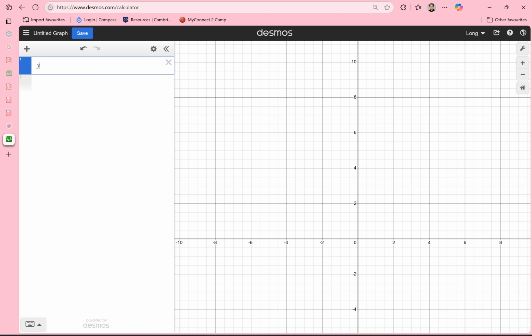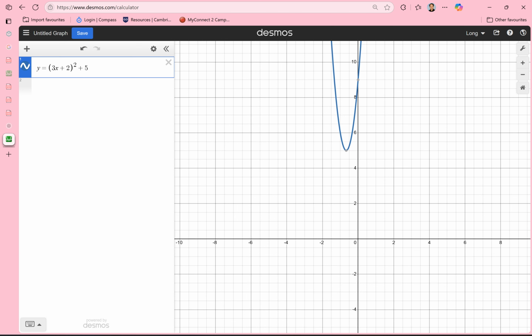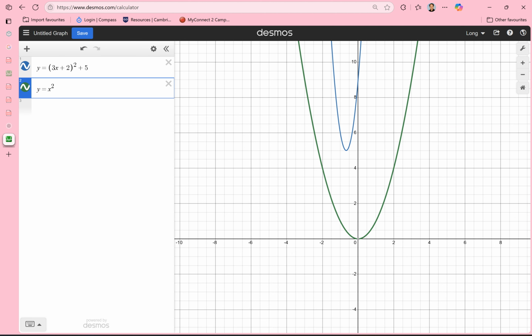I gave you the original equation was 3x plus 2 squared plus 5, right? Usually it's the other way around. Usually you start from here and you go there. So you had to go up by 5, left by 2 over 3, and then make it a bit smaller, right? What I did was I reversed it. I started from here and I went back here.